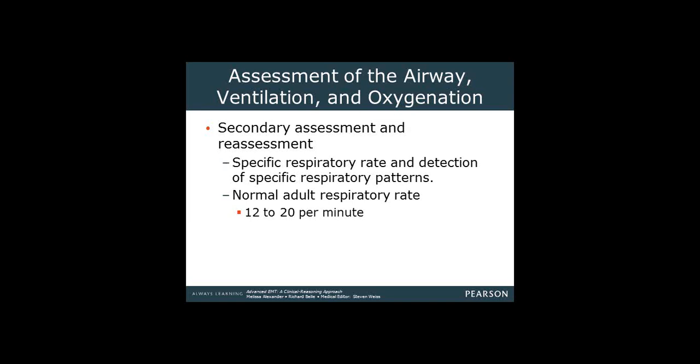We're kind of gathering that rate, rhythm, quality, depth, whatnot, but we're not really quantifying it. So if we haven't up to this point, now a lot of times if we have multiple hands, we do go ahead and get vitals just immediately. If we haven't up to this point, then we make sure we get a formal set of vital signs, including an adult respiratory rate. Typical adult respiratory rate, 12 to 20.